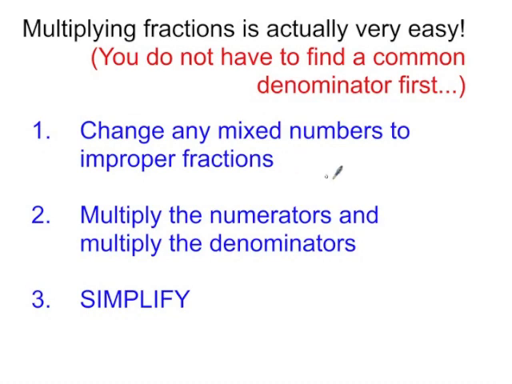Once you've done that, you simply multiply the numerators together and multiply the denominators together, and if possible, simplify. So my example at the beginning, 1/4 multiplied by 5/6. 1 times 5 is 5, and 4 times 6 is 24.